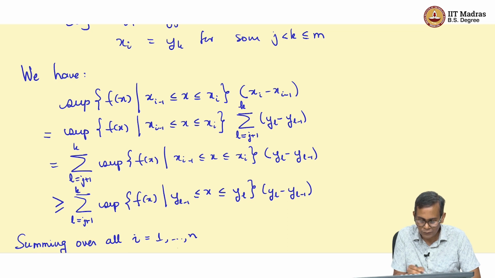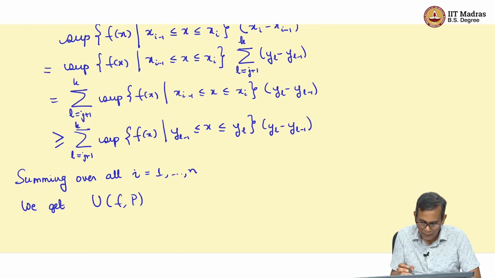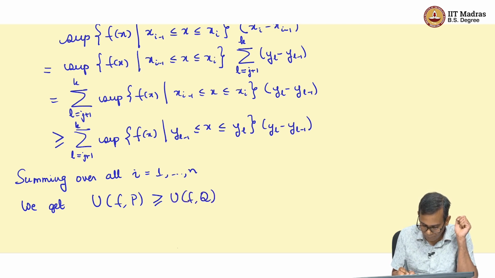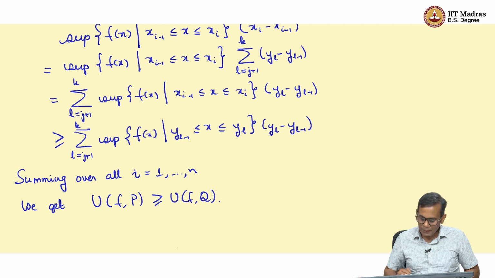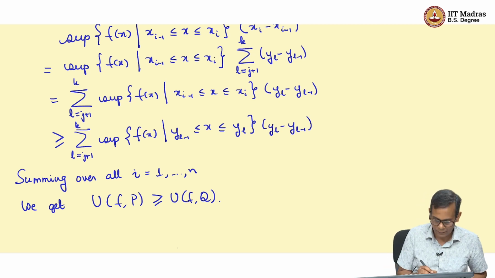This is just the contribution of the ith interval to U(f,P). And this is the contribution of the segments that lie between x_{i-1} and x_i, so U(f,P) is greater than or equal to U(f,Q). And this completes the proof of the lemma.